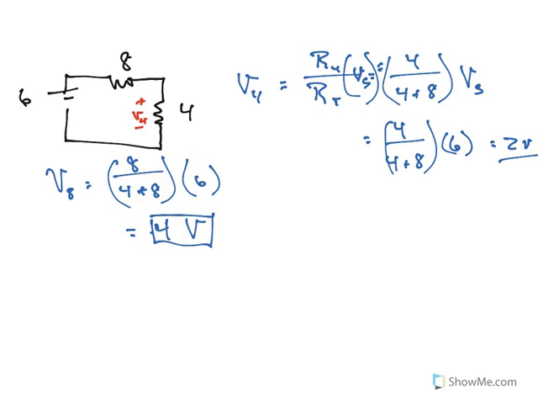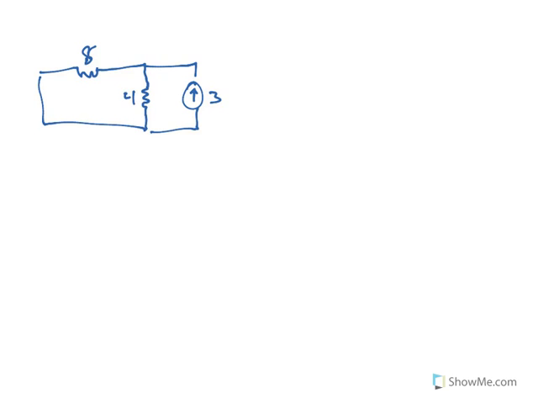Now, what about for the current divider? Well, let's say we have this particular problem. And I want to know what is the current on the 4 ohm resistor branch.